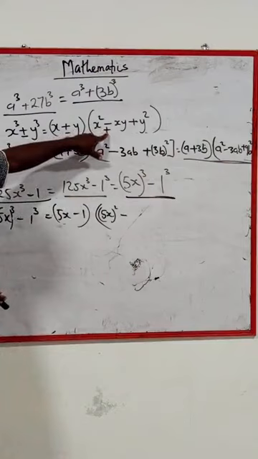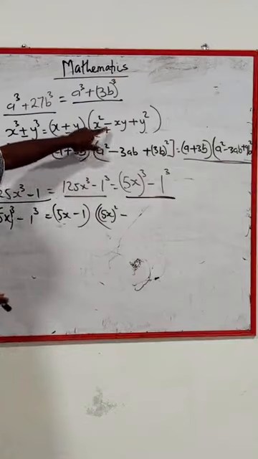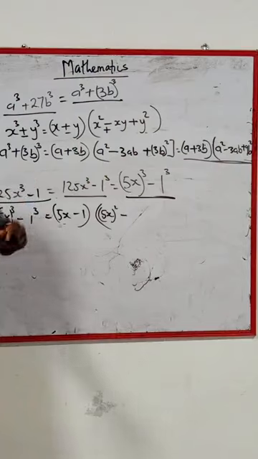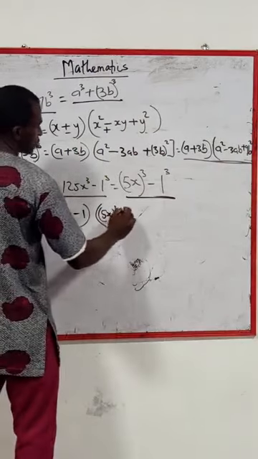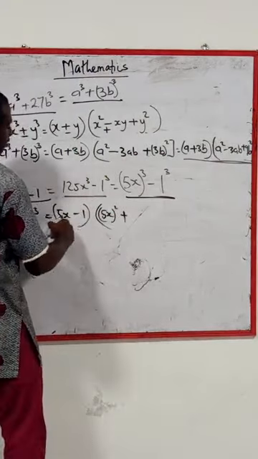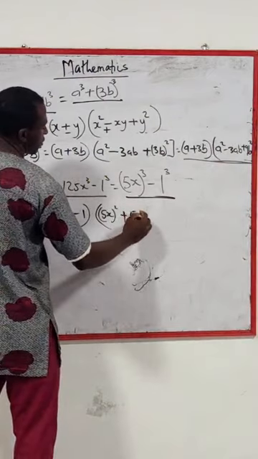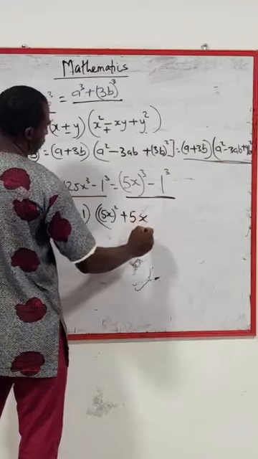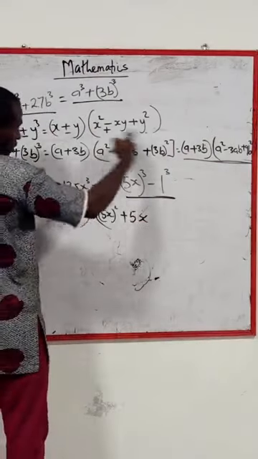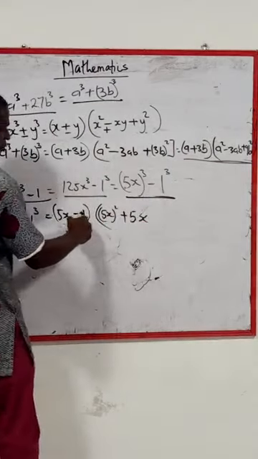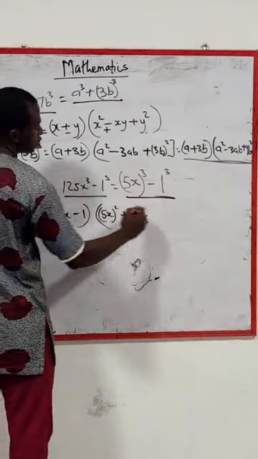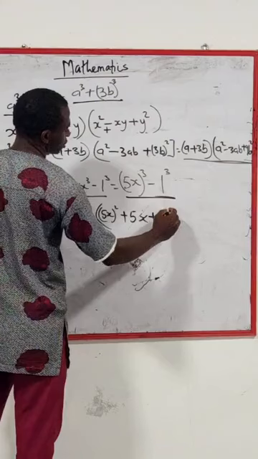So in this place we are actually using plus for the difference of cubes. We are going to have plus 1 times 5x, following this order. Then the square term, which is 1, so we're going to have plus 1.